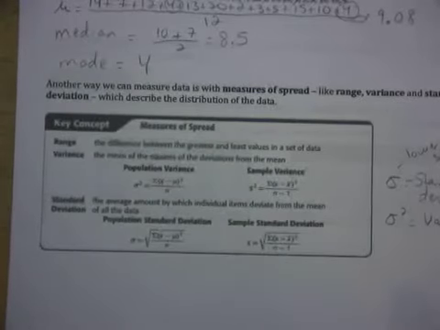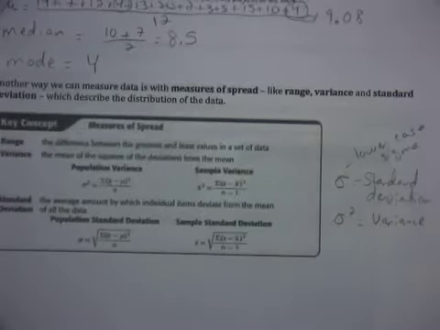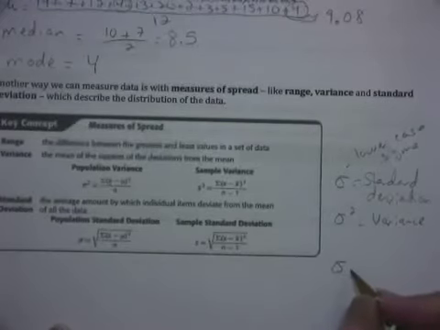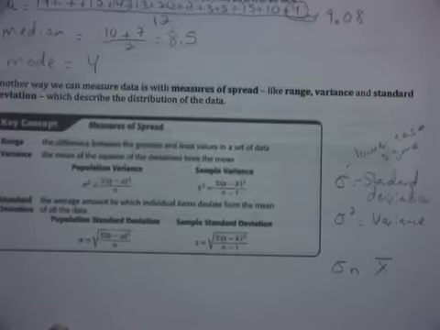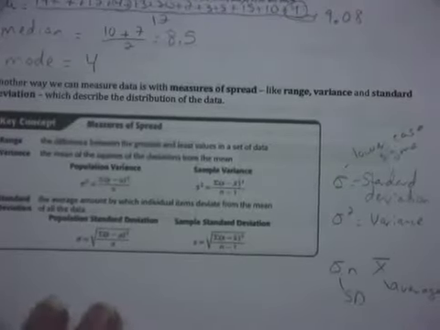Conveniently, for statistics, your calculator will do this for you. So you probably want to take a moment and look at your calculator and find a symbol like this. This will calculate average or mean, and this will calculate your standard deviation.